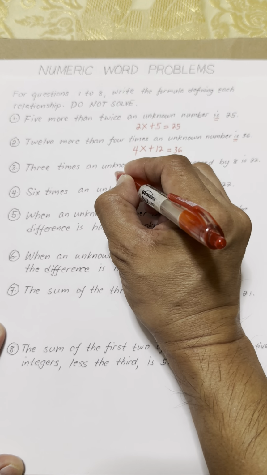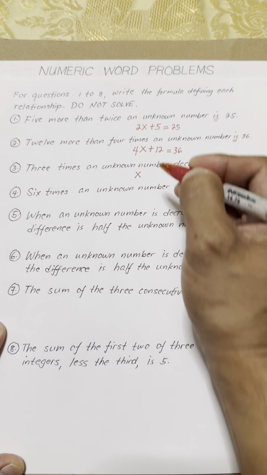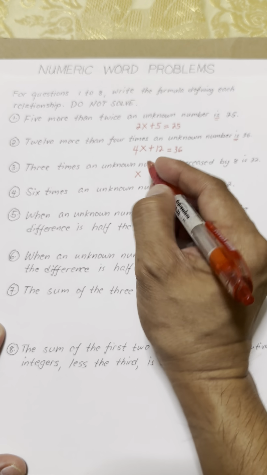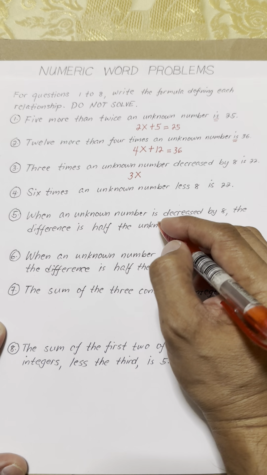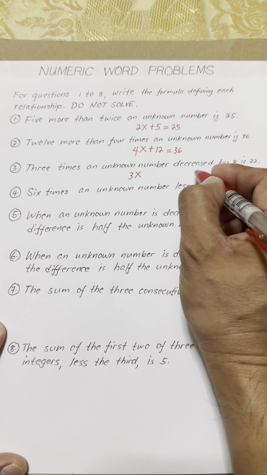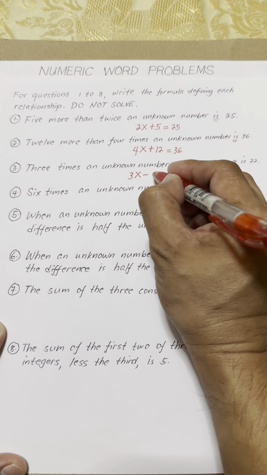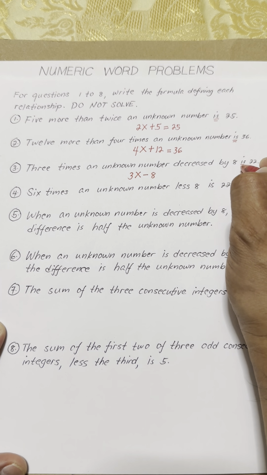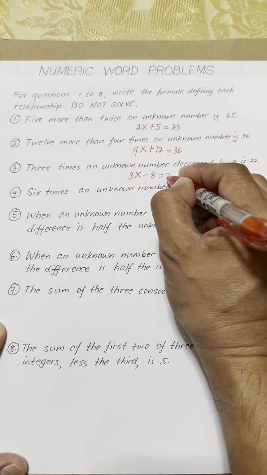The unknown number, once again, we call it x. So 3 times an unknown number is 3x. Then decreased by, so the word decreased means minus. Decreased by 8. Then again, there is the word is, so equals 22.